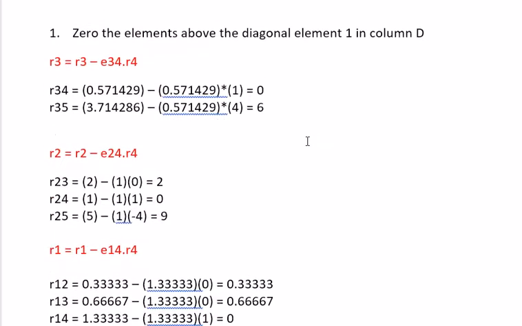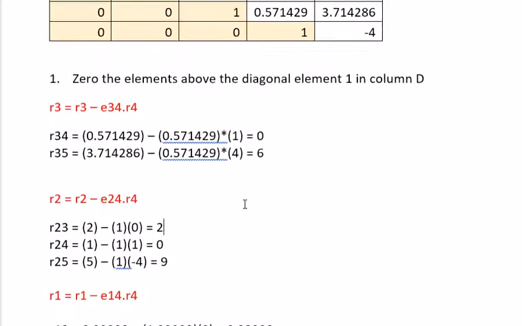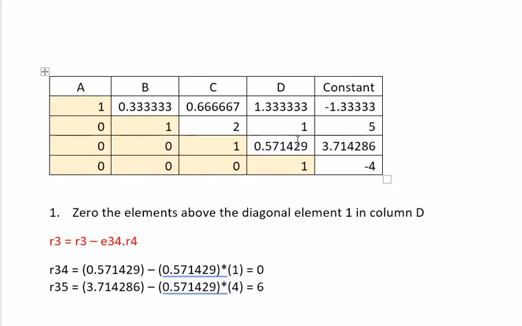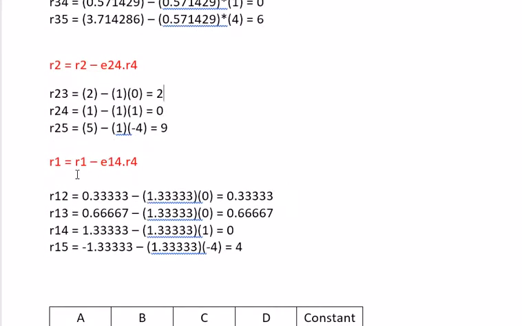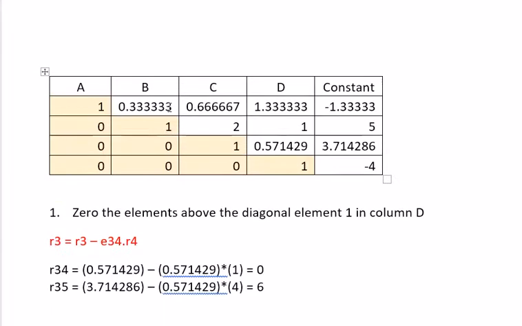And we will do the same with the values in row 1. That will be R1 minus the element in the first row, fourth column, times R4. We operate only on the elements which are in white.